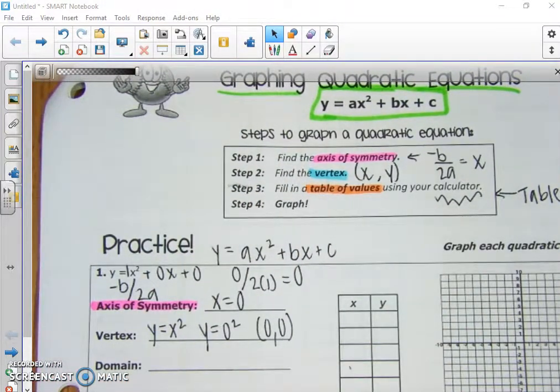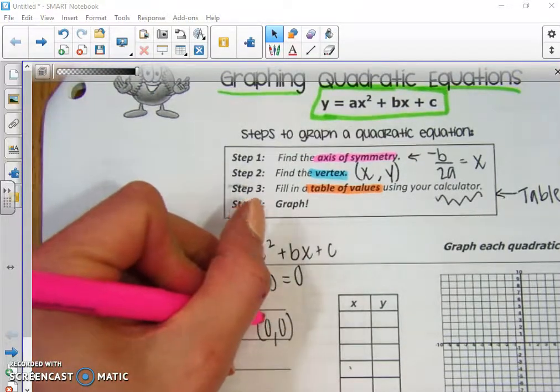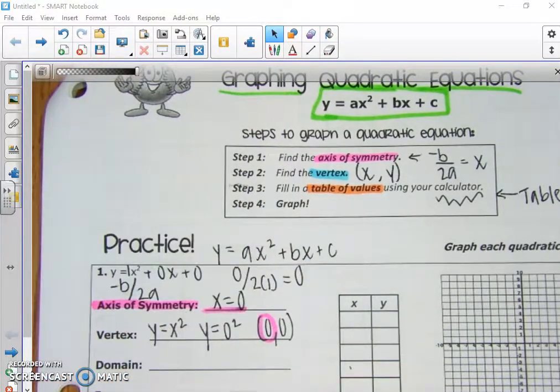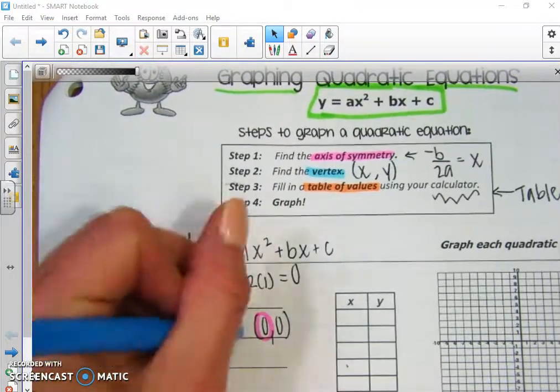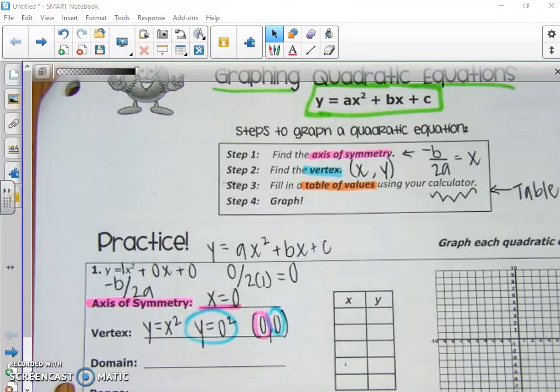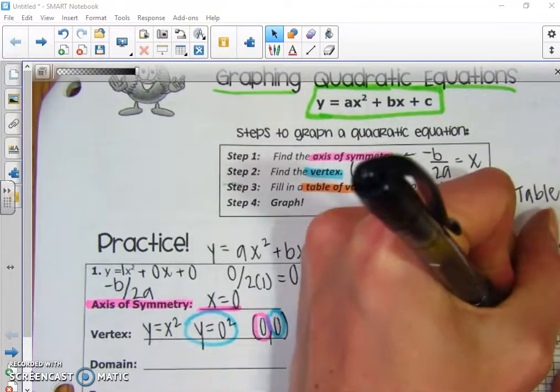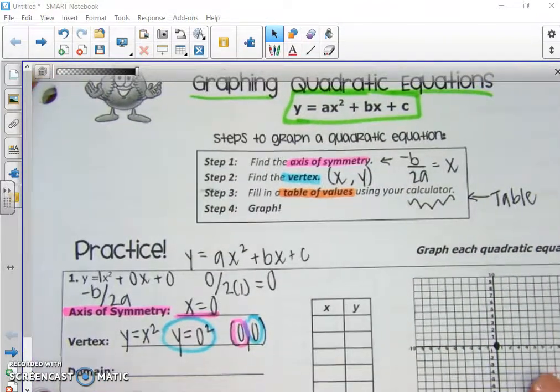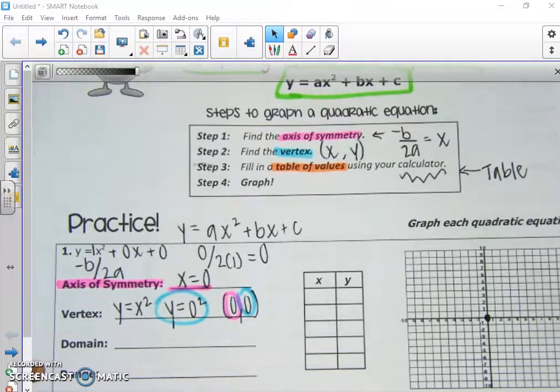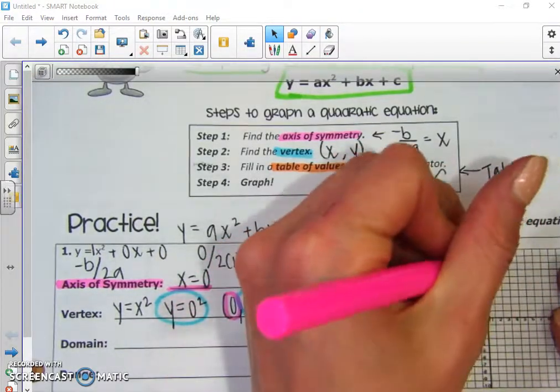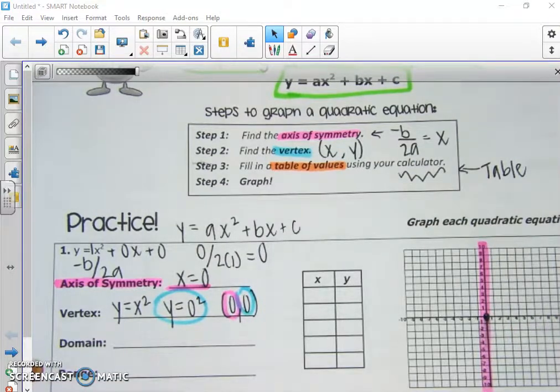Remember the first 0 comes from the axis of symmetry, and the second 0 comes from plugging into the formula. So we have a vertex of 0, 0. We can plot that on our graph. The axis of symmetry is just a line that divides it, so you don't have to draw it, but if you want to, you can.